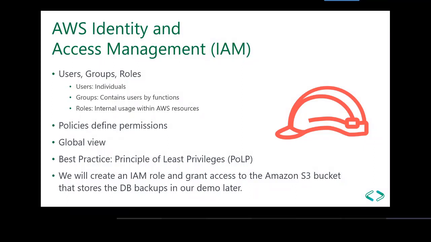Only grant them what is needed to perform the job. Like I pointed out earlier, we need to create an IAM role and grant access to the S3 bucket, because that's required to restore the database.